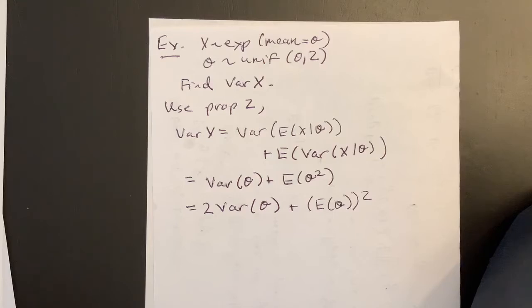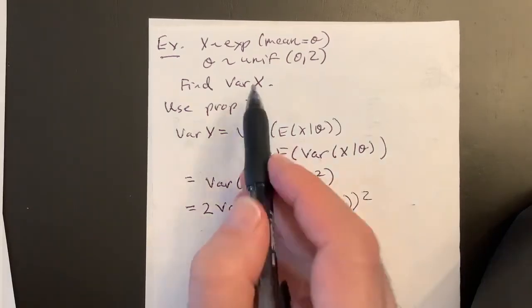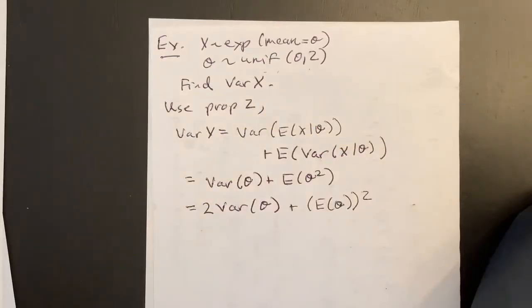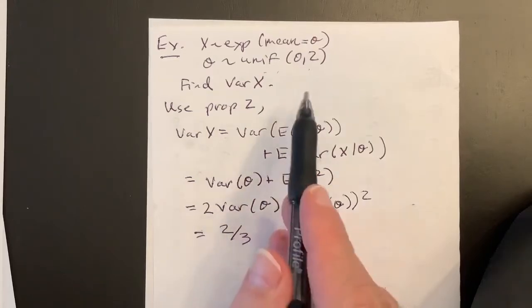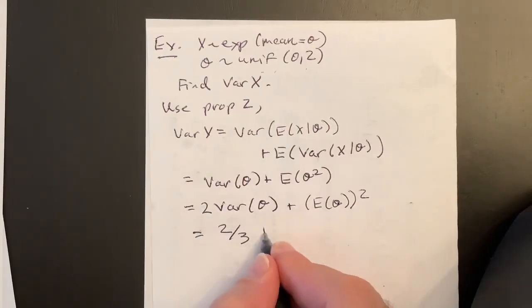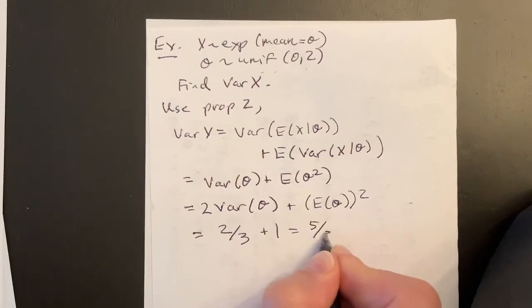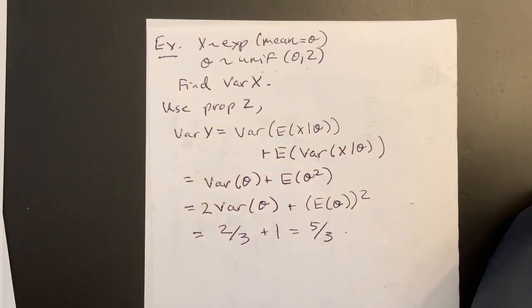Now I know the variance of a uniform a, b. The variance of uniform 0, 2 is (b minus a) all squared over 12, so I get 4 twelfths, which is 1/3. So this is 2/3, and the expected value of theta is 1, so I get 2/3 plus 1, so 5/3 is the answer. It's not 1, it's more than 1, it's 5/3.